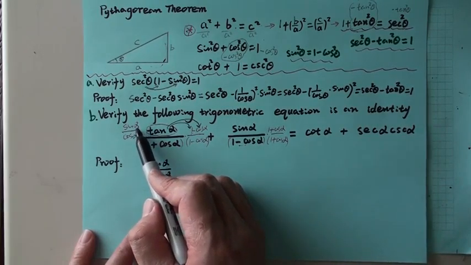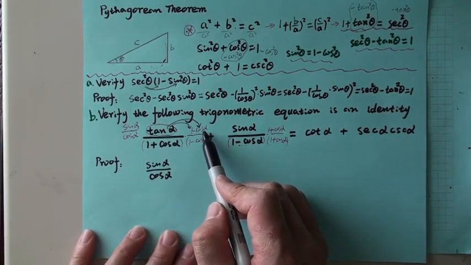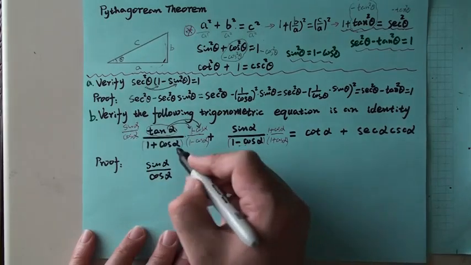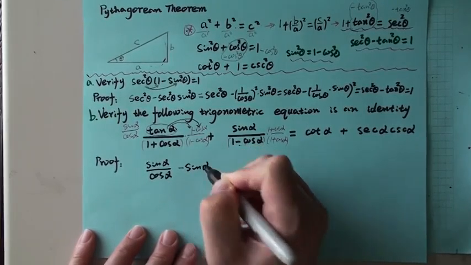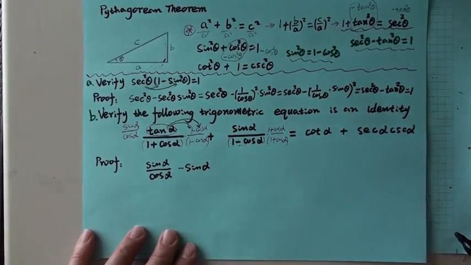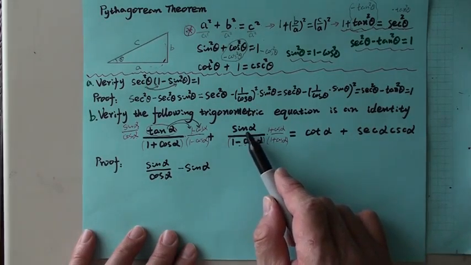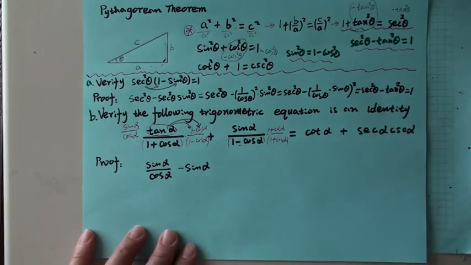Now sine alpha over cosine alpha times cosine alpha: the cosine alpha cancels the cosine alpha in the denominator. So you then have sine alpha. And then here is sine alpha times 1 plus cosine alpha.